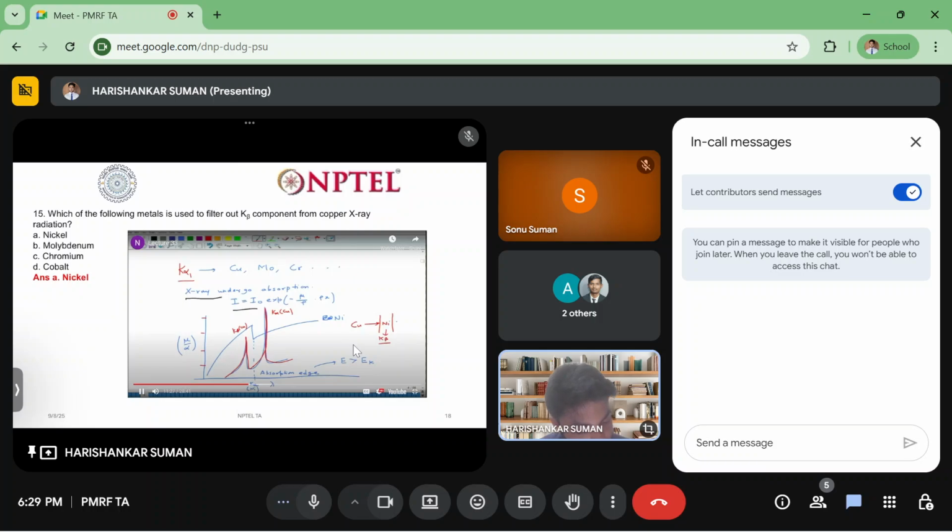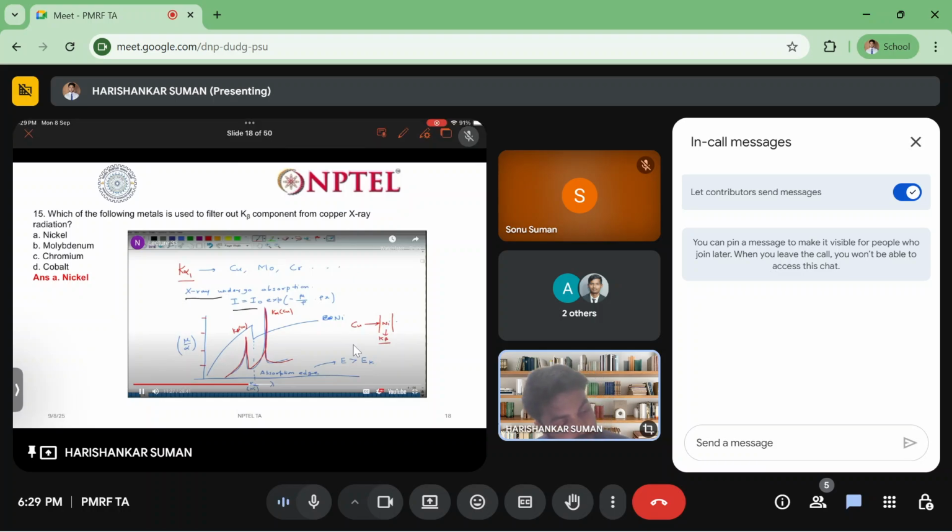Nickel has a spectrum. You can see this blue line. Let me use a different color. This is for nickel, and this is copper. Copper K alpha, copper K beta, here are the peaks.